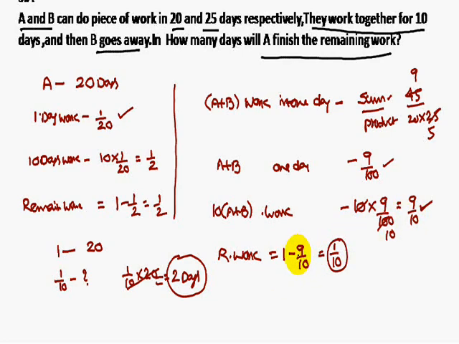Remaining work is 1 by 10. This remaining work should be completed by A. Full work A can do in 20 days, so 1 by 10th of the work can be completed in 1 by 10 into 20, that is equal to 2 days. Okay, this is the way to solve the problem. Okay. Thank you.